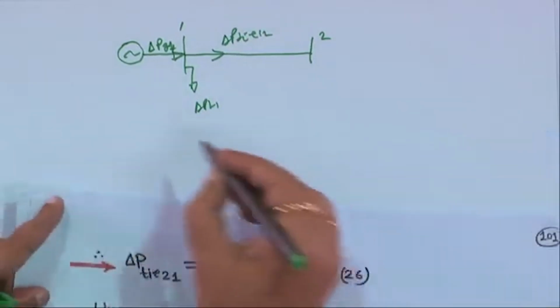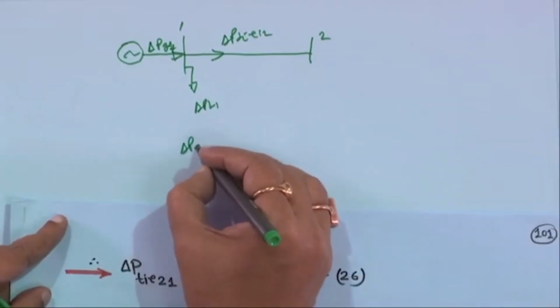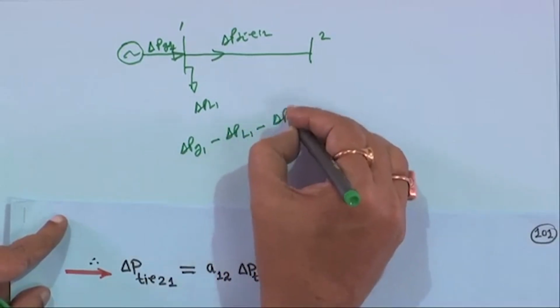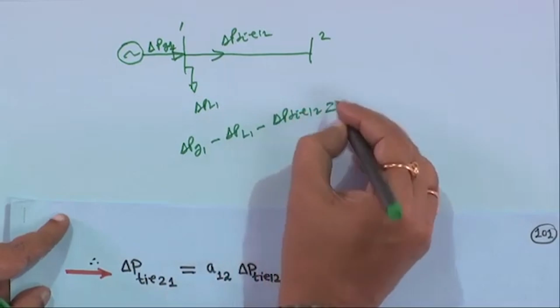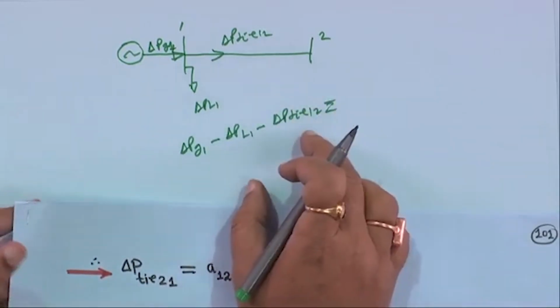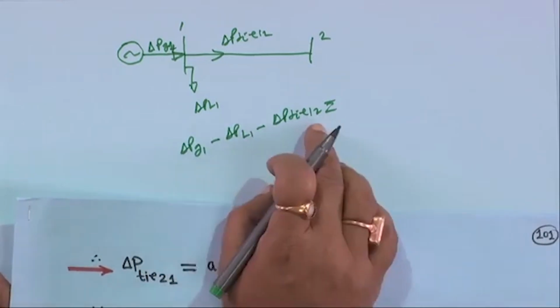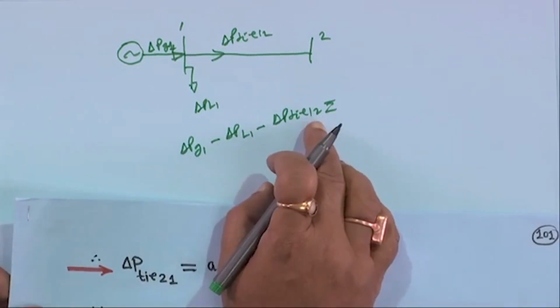Then what is the power balance equation here? Delta Pg1 minus delta PL1 minus delta Pti12 is equal to, because of the load disturbance, there will be a transient imbalance between generation and load, hence the tie power also will be affected.